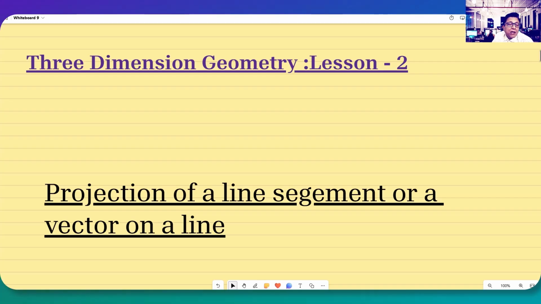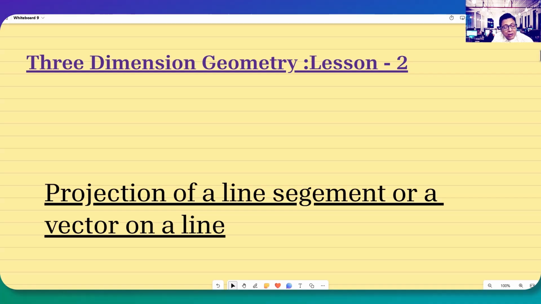This session, at first I will be discussing the length of projection of a line segment or a vector on a line or a line segment or another vector.